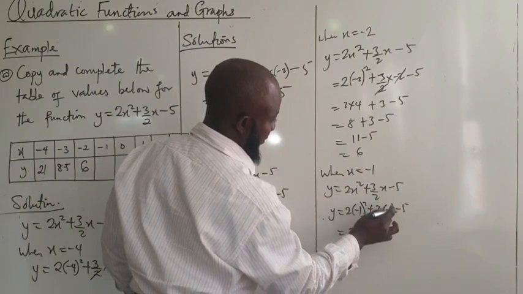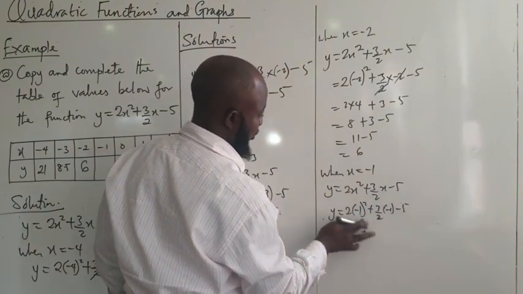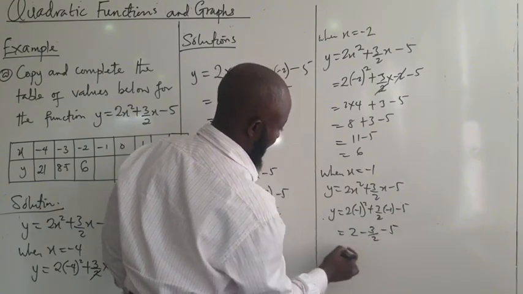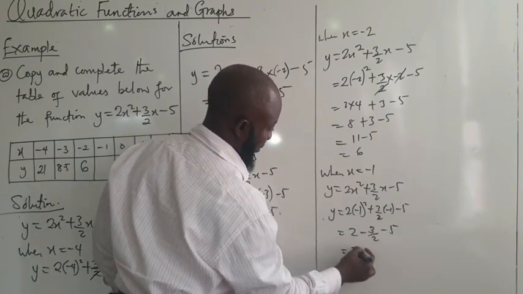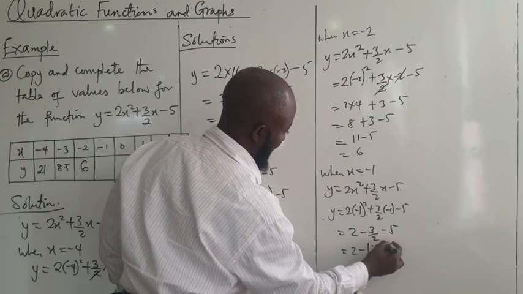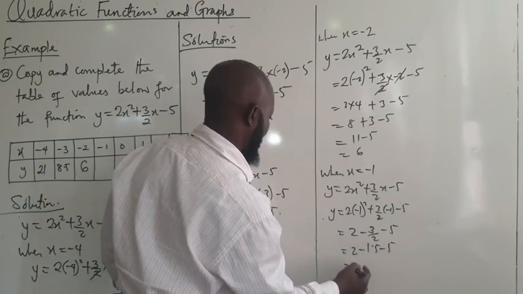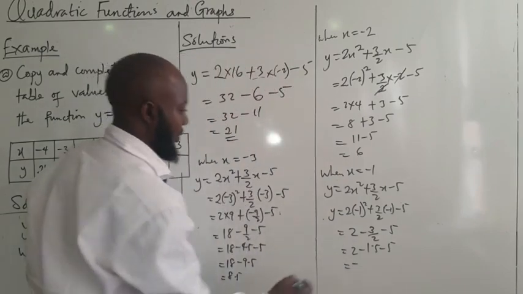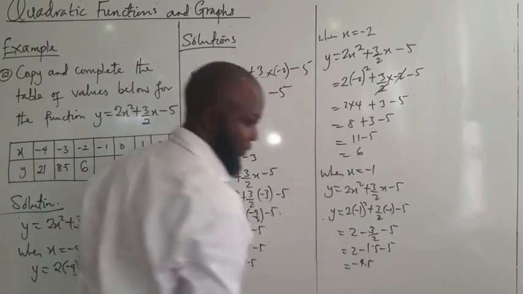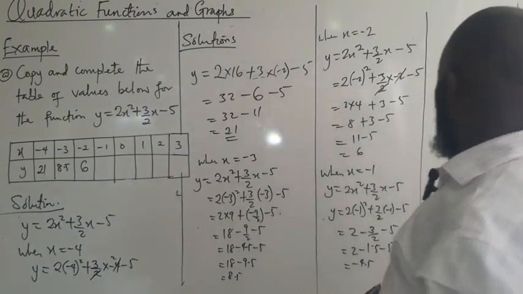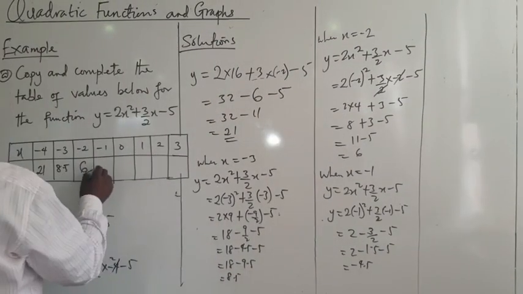Plus minus times this will give us minus 3 over 2, minus 5. That is 2 minus 1.5 minus 5. So this will give us minus 4.5. Alright, so let's move to the next one.